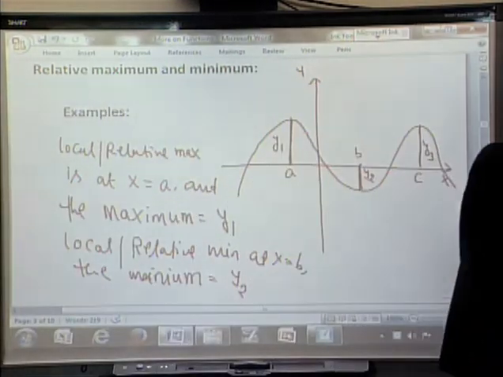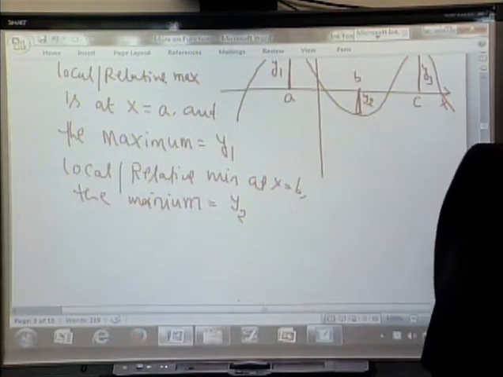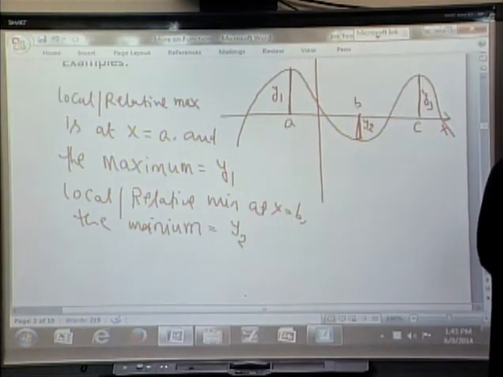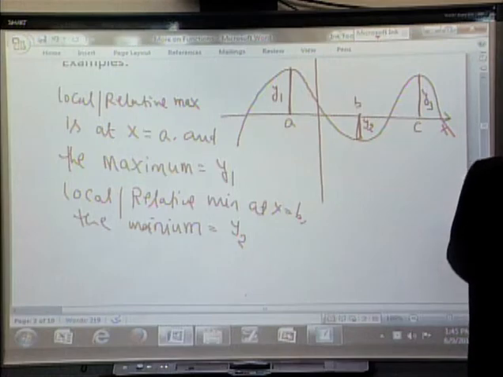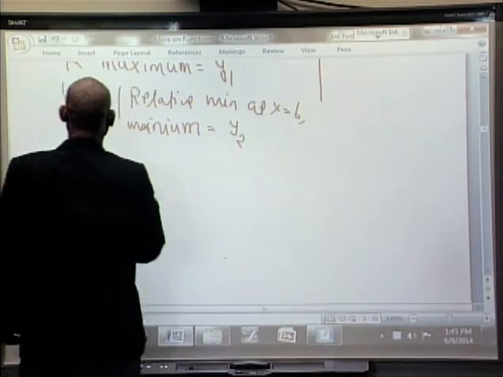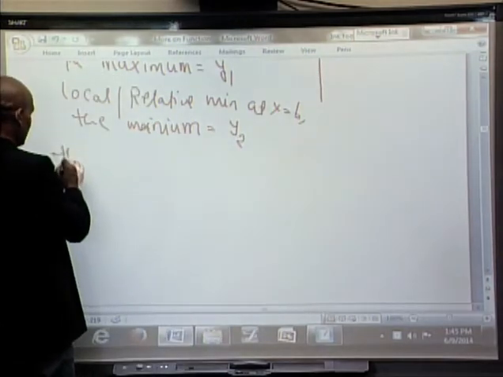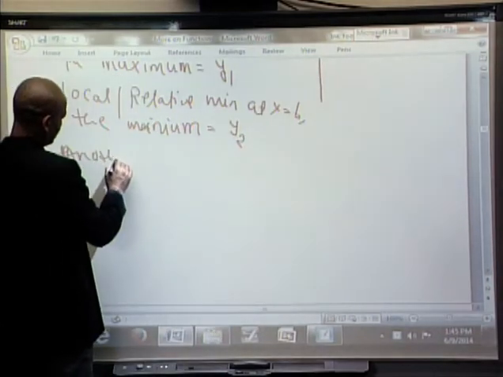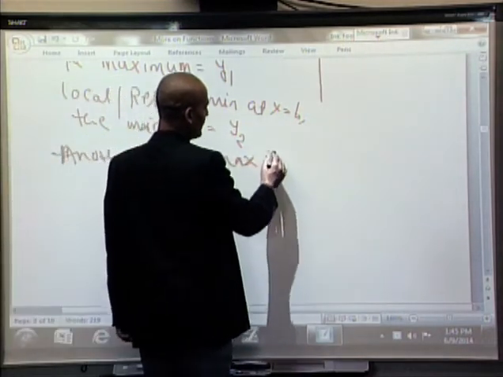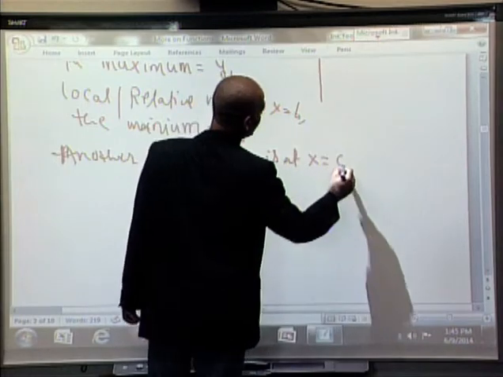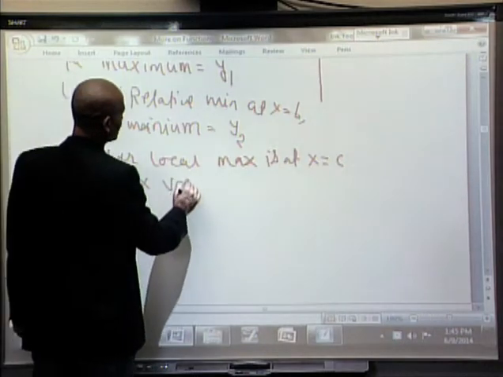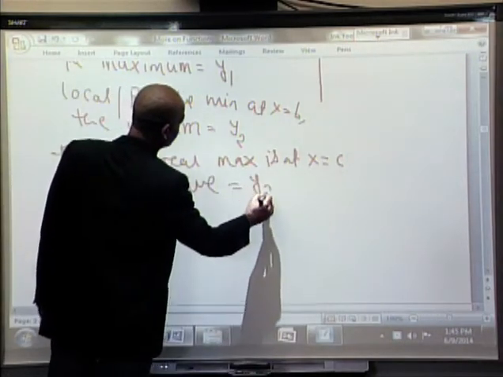And again, if we look further along, the function has another maximum at x equal to c, and the maximum value is y3. So I can say another local maximum is at x equal to c, and the maximum value at x equal to c is y3.